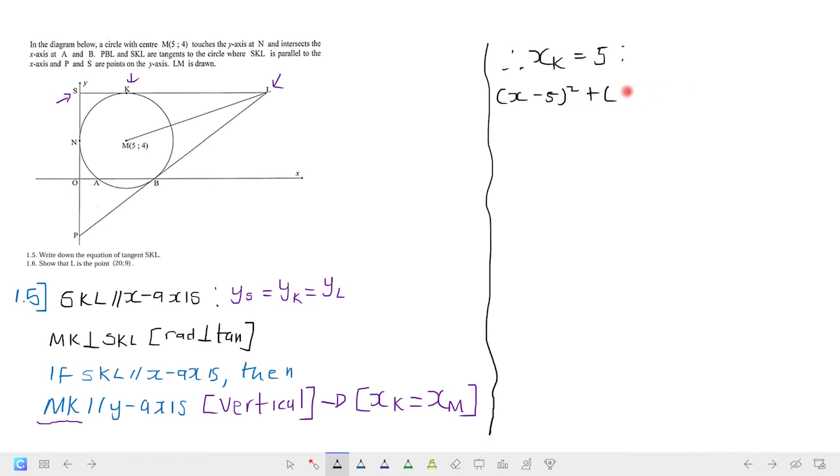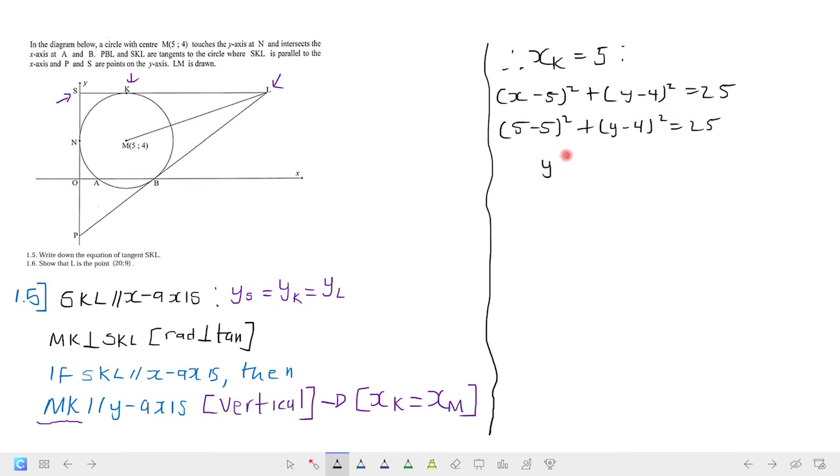And if I get the y value, it means it's going to be the equation of SKL. So let me write this: the equation is equal to 25. Then substituting there, I get (5 minus 5) squared plus (y minus 4) squared equals 25.